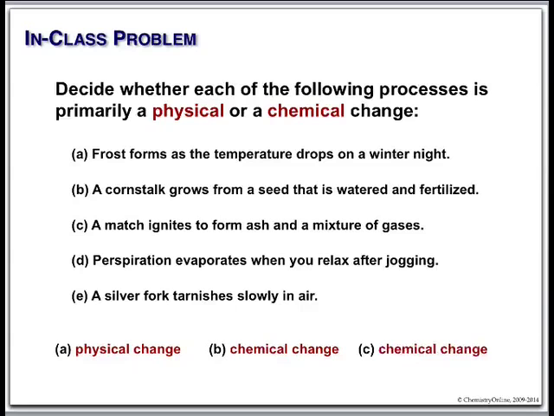It's not coated. Why is that? Turns out that the tarnish is silver sulfide. There's enough hydrogen sulfide in the air that it can react with the silver surface and form this compound, Ag2S. So this is actually a chemical reaction: silver reacting to form silver sulfide.